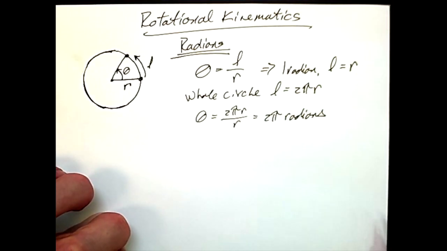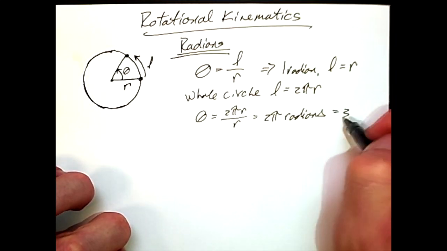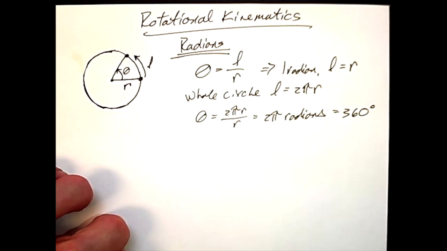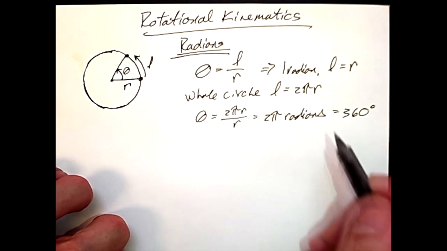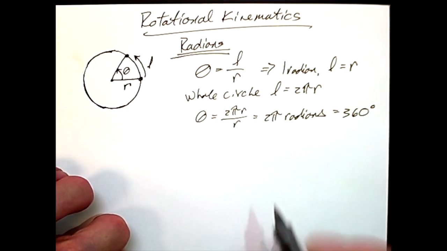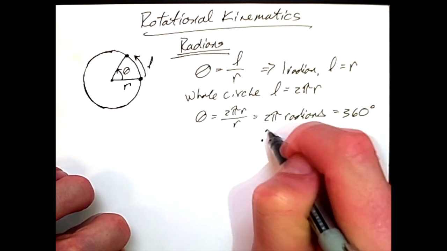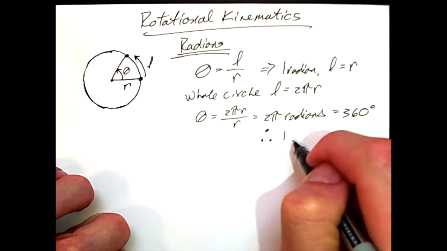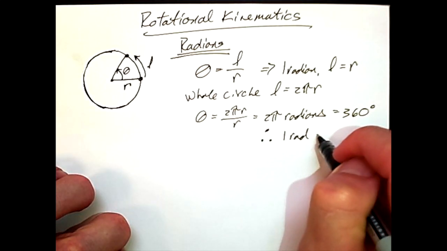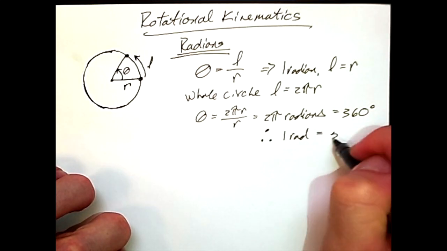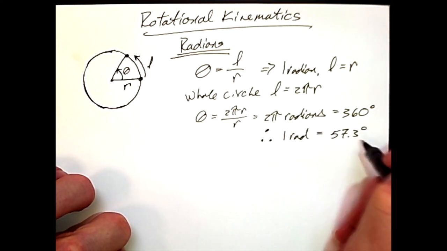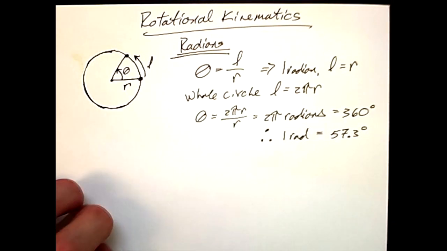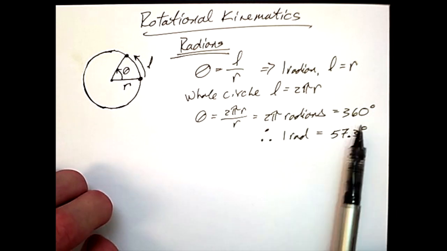This is where we get the idea that a complete circle is 2 pi and therefore would be equal to 360 degrees, which is where we get our conversion factor between radians and degrees. So therefore, doing the division, we know that 1 radian is equal to 57.3 degrees. Now, really, that's only relevant if we need to convert. And for most of our problems, we'll be working in degrees.